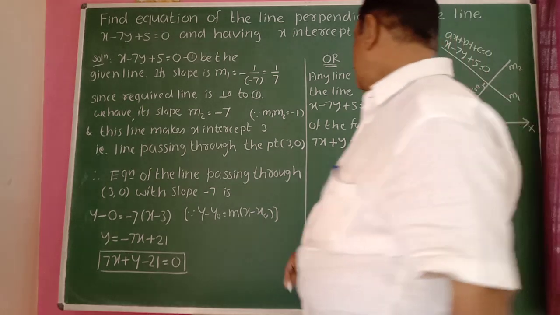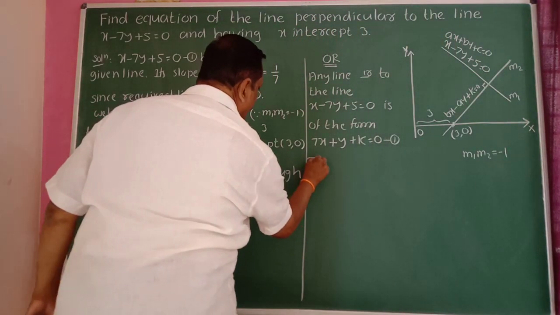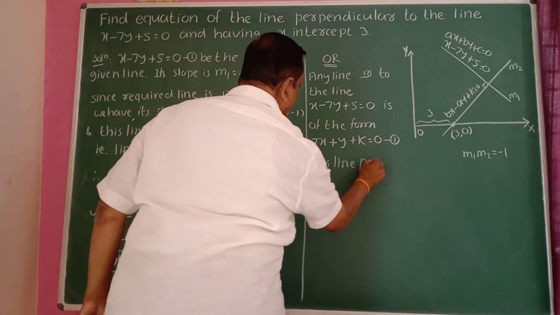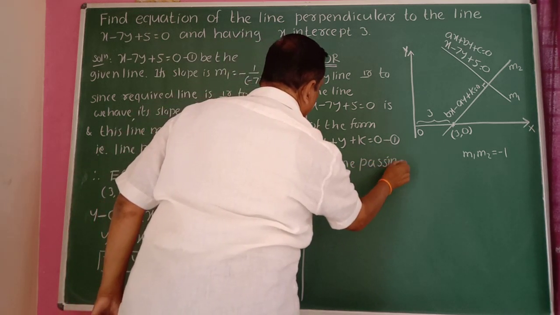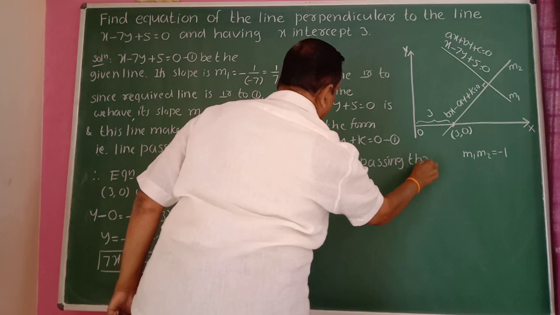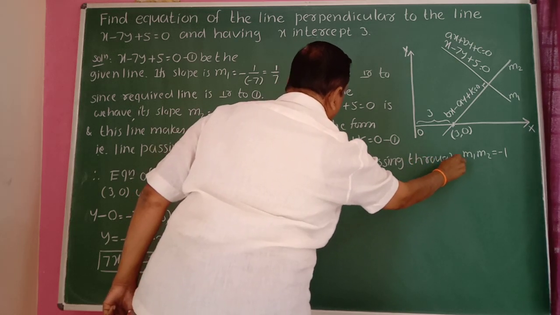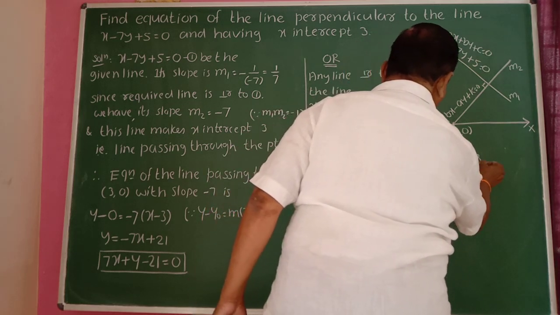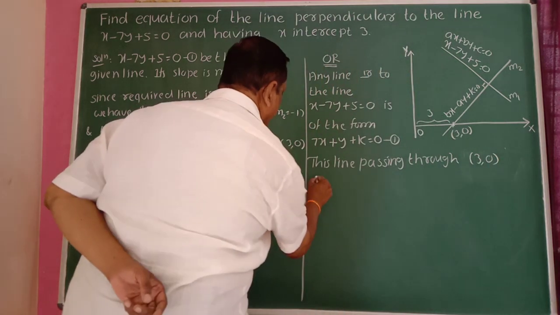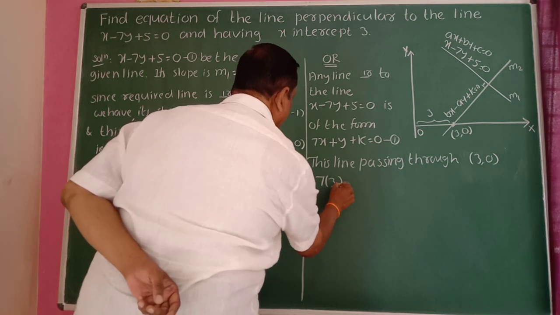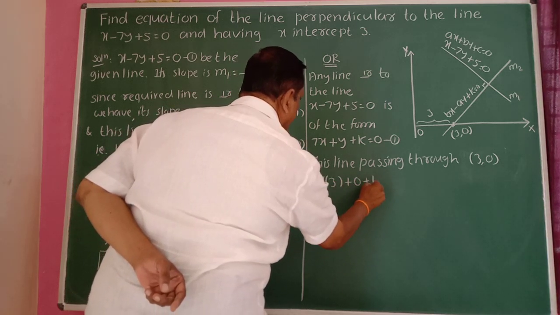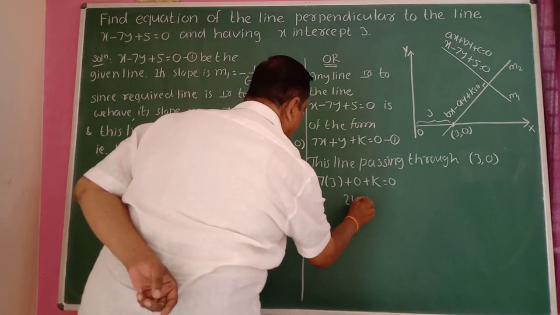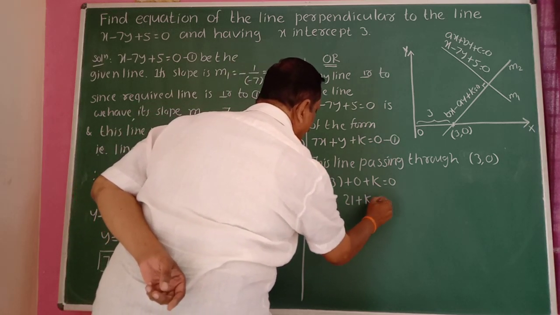This line passes through the point (3, 0). Therefore 7 into 3 plus 0 plus k is equal to 0. 7 times 3 is 21, so 21 plus k is equal to 0.